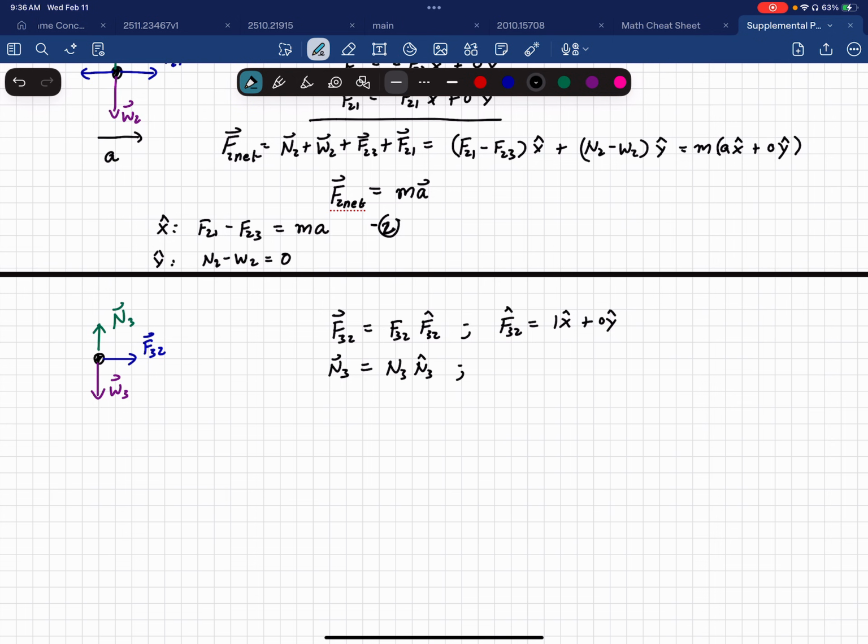So let me write down all of them real fast so that we don't waste any time. Okay, since we wrote all of them, there's nothing left. We just write the entire force in entirety.